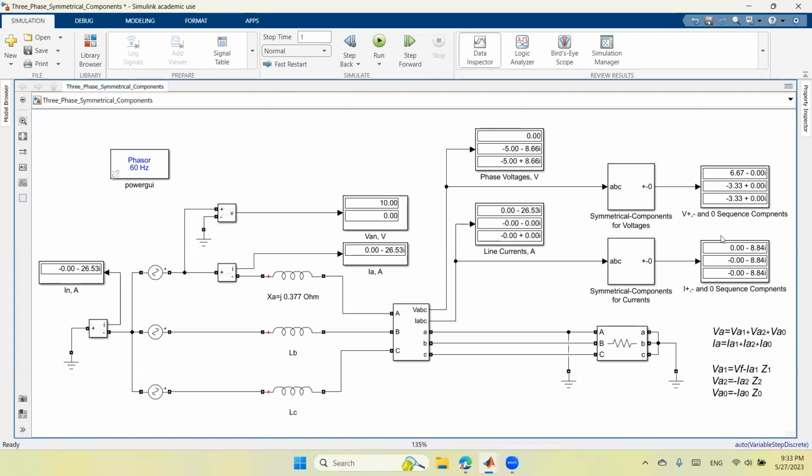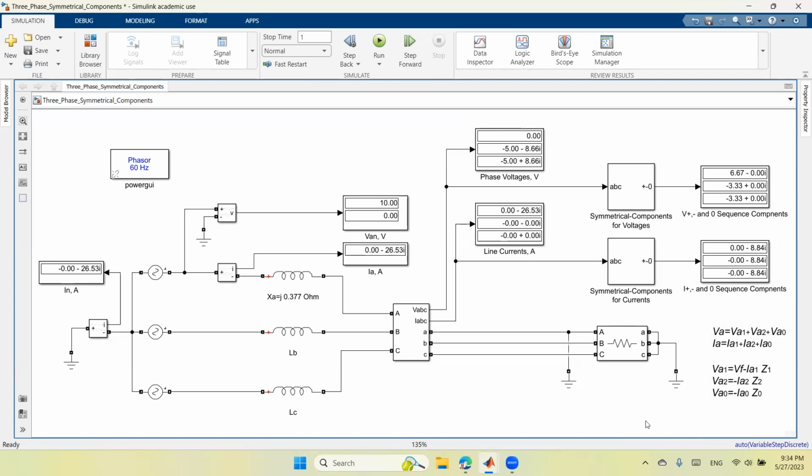So I see that the sum of the symmetrical components of the current is also equal to IA, and thus this formula is valid. And again, if you verify these symmetrical components of the voltages, you will see that they are valid.